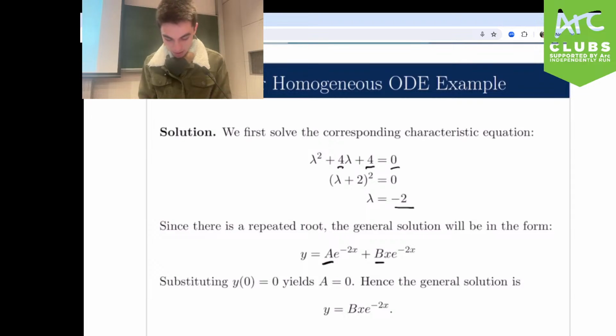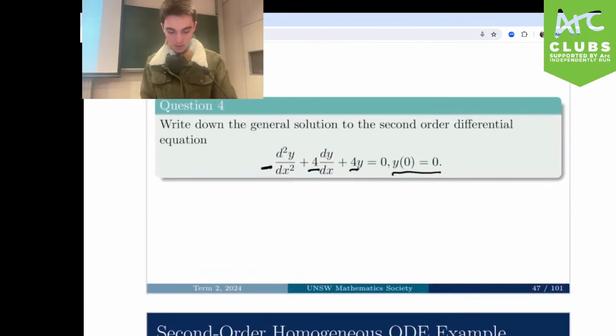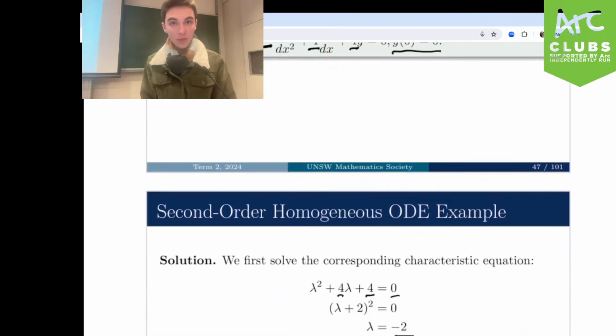We get that a has to equal 0. And hence the solution to this is y is equal to b times x times e to the negative 2x, okay? So any value of b that you substitute in there, any real number, that's going to yield a solution to this differential equation that we've obtained. All right, any questions so far?